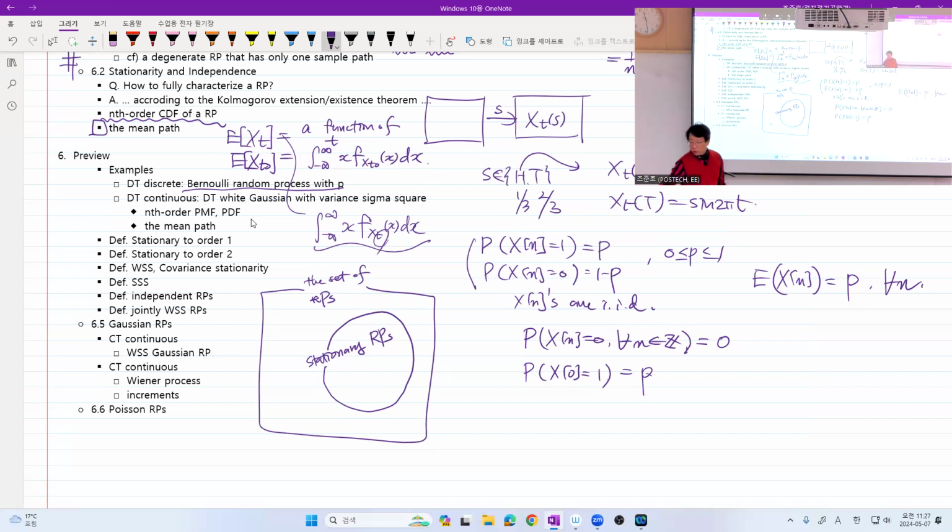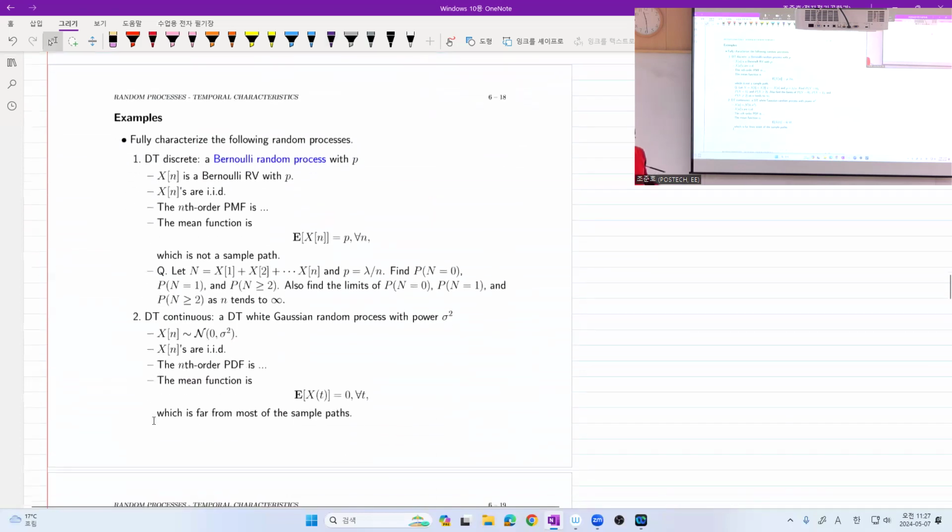The case we are going to study immediately after this preview is a special case of Gaussian random process. However, there is a big subset of non-stationary random processes, among which we also have the so-called Wiener processes, and that is also very important. And I don't believe I can start Poisson random processes today.